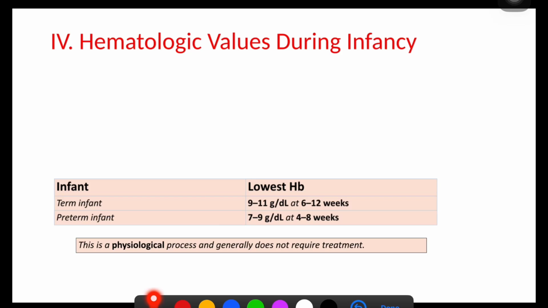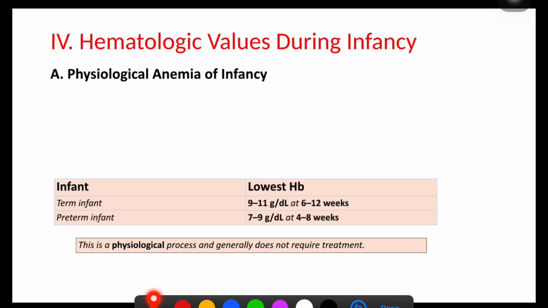So this is a physiological process and does not require treatment. So whenever you get a sample at the age of 6 to 12 weeks, if a term infant has 9 to 11 gram hemoglobin per deciliter, it is physiological, right?